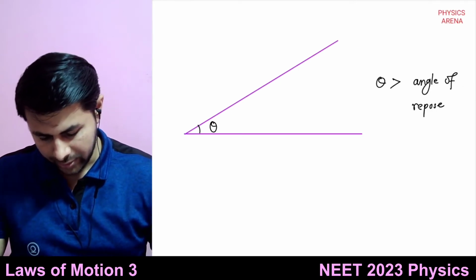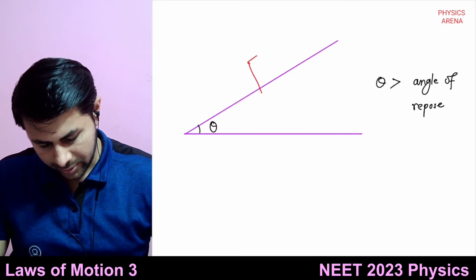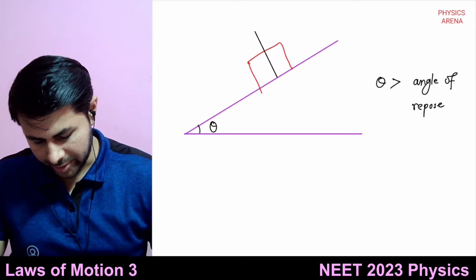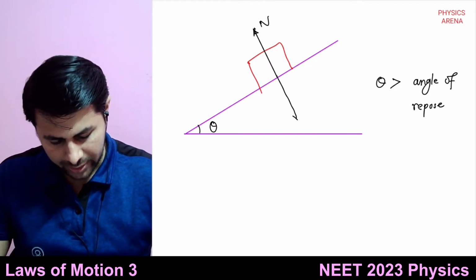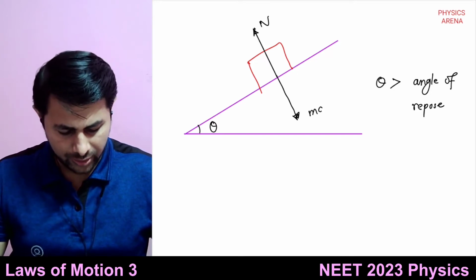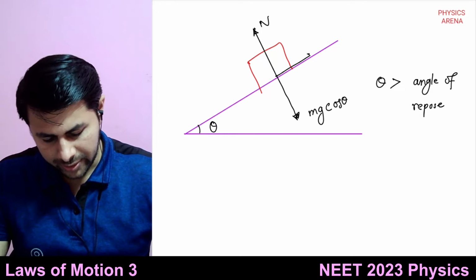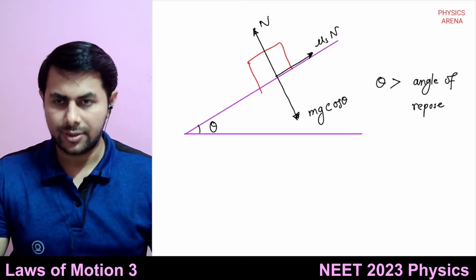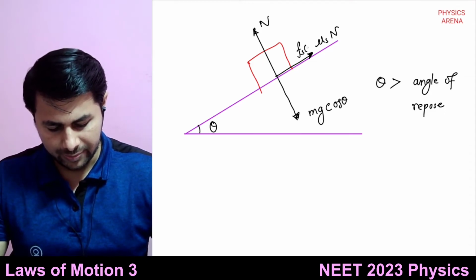Right. So once again, I can draw all the forces. This force is the normal reaction. This force we have already seen, it is mg cos theta. This one is mu s multiplied by normal reaction. This is the static frictional force, Fs max.